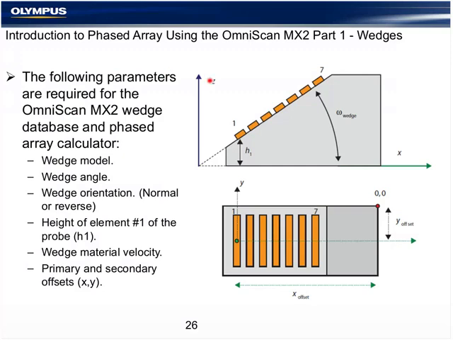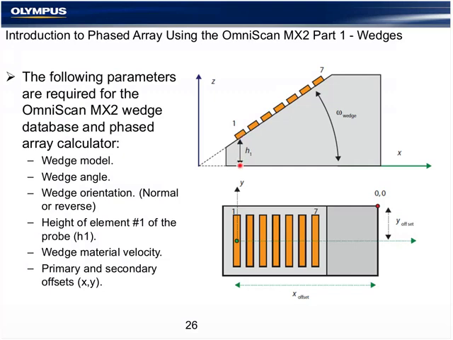So on any given probe and wedge, the orientation of the elements on the wedge must be known. Different manufacturers use different schemes to come up with that, but some common ones are the position of element 1 here, defined as the height here.